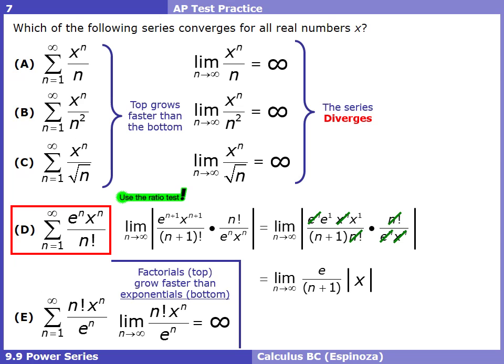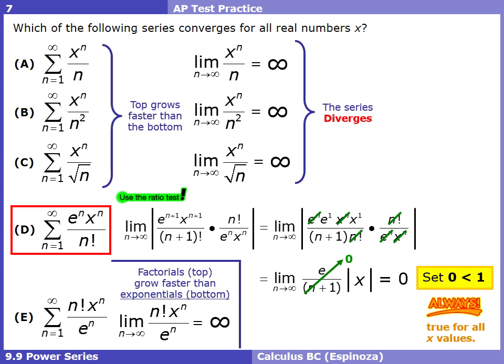Ultimately, we're left with e over n plus 1 times the absolute value of x. And if we plug in infinity, you'll notice that all of that becomes 0, and of course 0 times anything is 0. By the ratio test, our result has to be less than 1, and of course 0 is always less than 1, so we can come to the conclusion that that is always true for all x values.